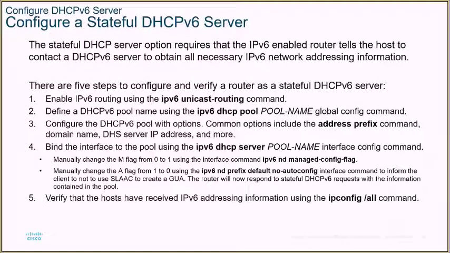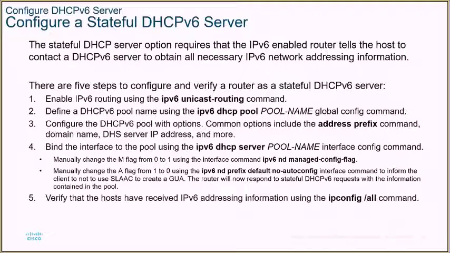So then, how do you make a stateful DHCP server with a router? With this option, the IPv6 enabled router tells the host to contact the DHCP server to obtain all necessary IPv6 network addressing information. So again, you need to do IPv6 unicast routing. You need to create a pool. And then with that pool, you need to have options like the address prefix command, domain name, DHCP server address, and more.